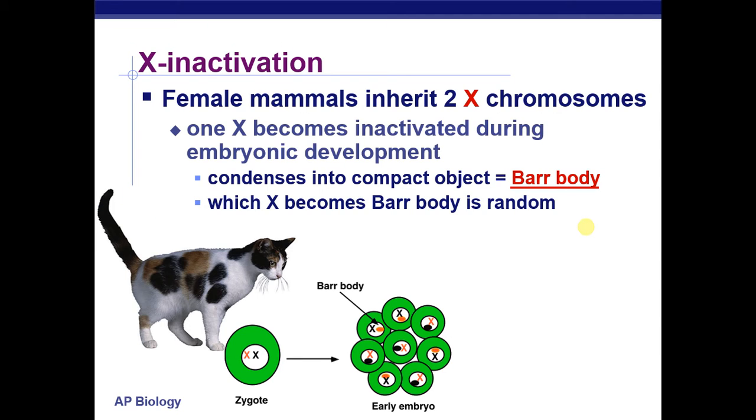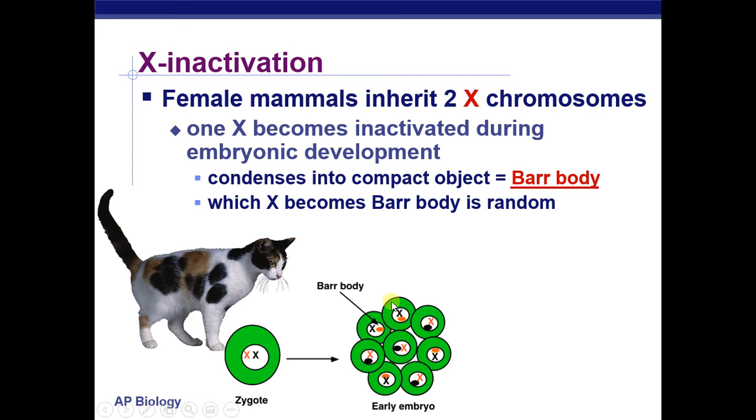What is really interesting is that which X chromosome becomes inactive is random in each cell that is alive at that point. So here's an early embryo with 8 cells, and maybe this is the point where X inactivation happens.